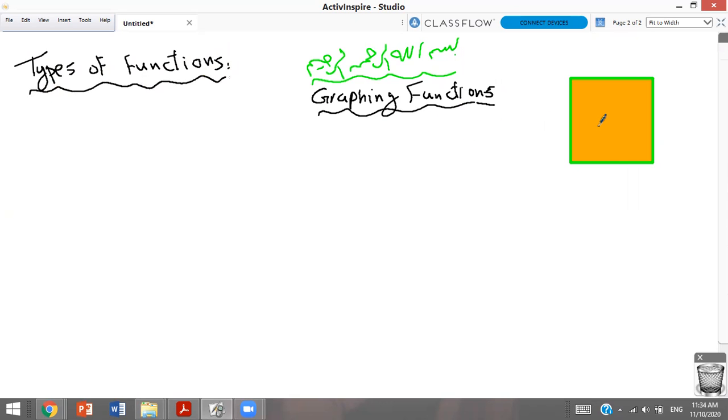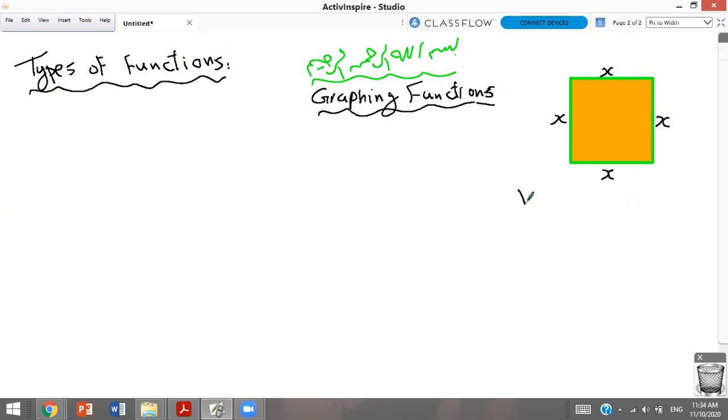Okay, then if I have this square and I'll name its side x, then each side will be the same. Correct?